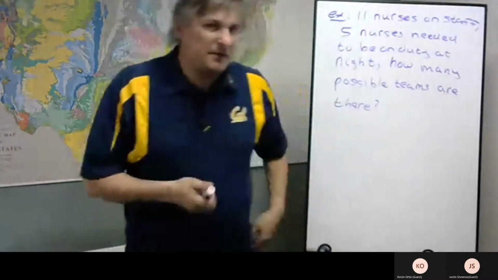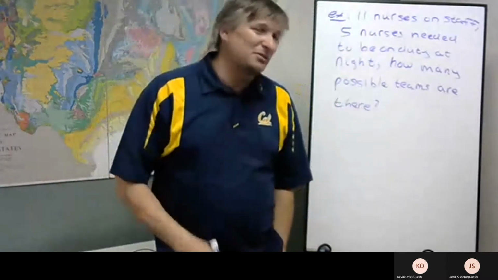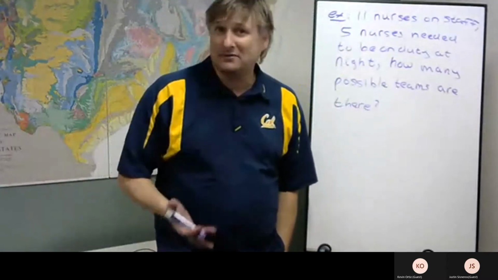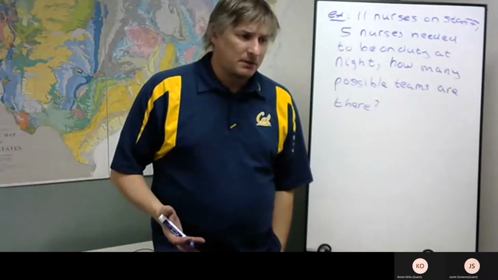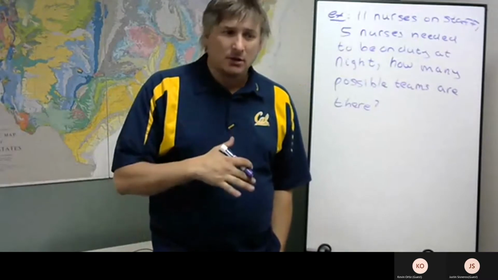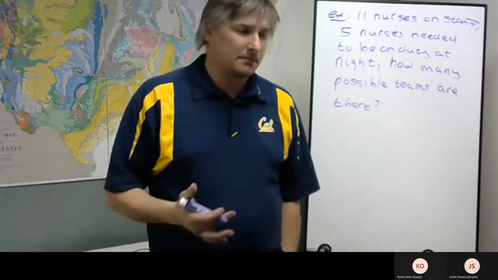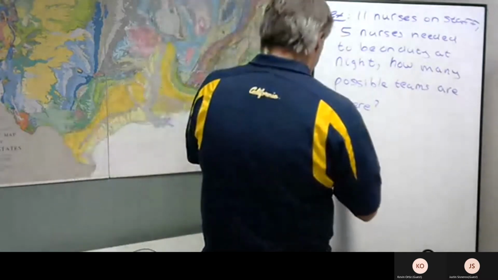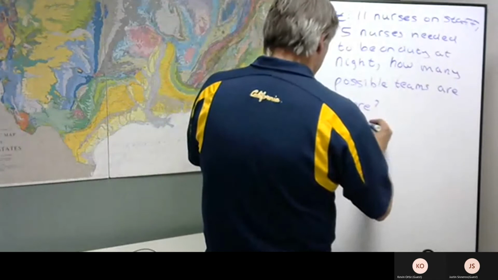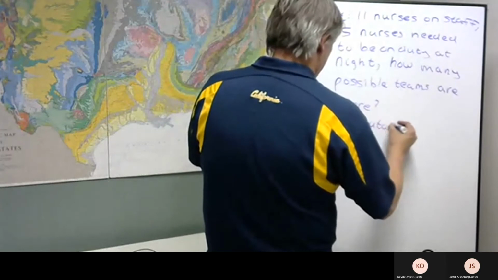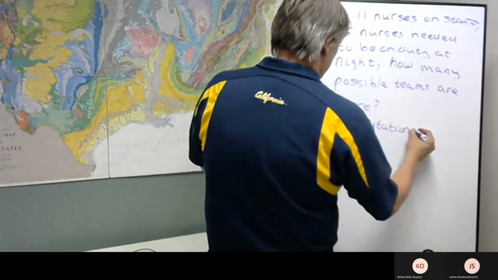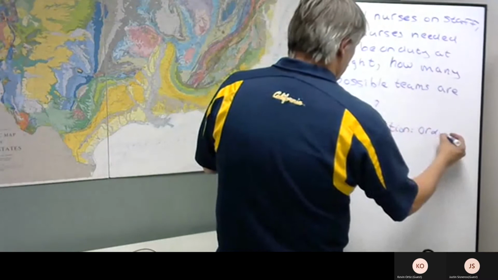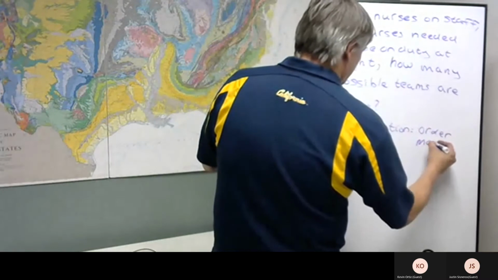One of the things with these questions is sometimes it's a little tricky figuring out what they're asking for. Are they asking for a permutation or a combination? With a permutation, remember, order matters.